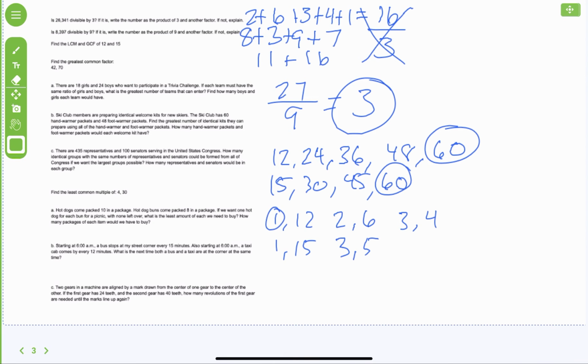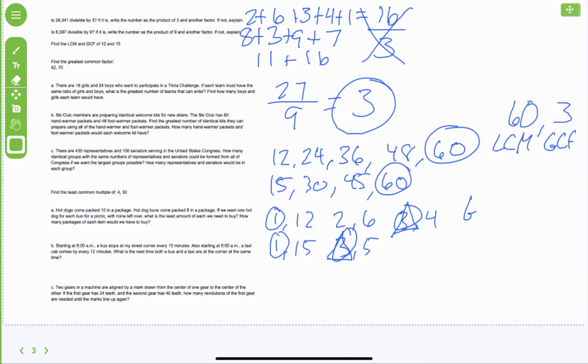So we're going to circle all the common ones. Which one's the greatest? 3. 3 is the GCF. So we could do that as 60 and 3. The LCM. Okay? Everybody understand that?